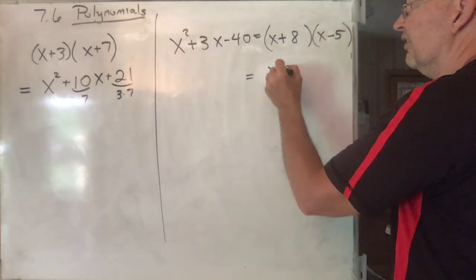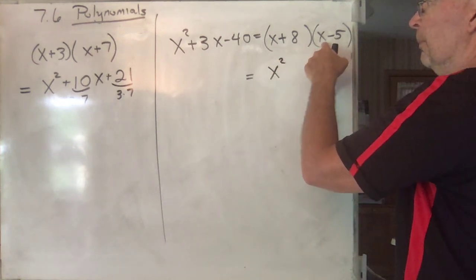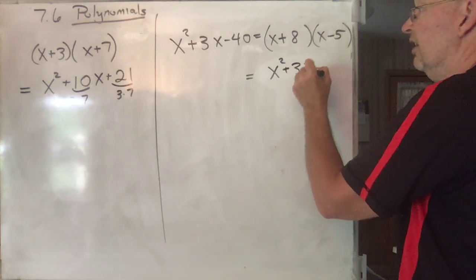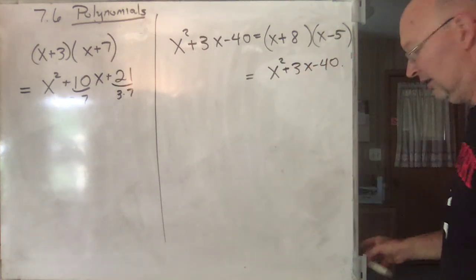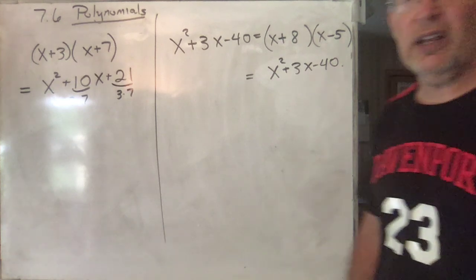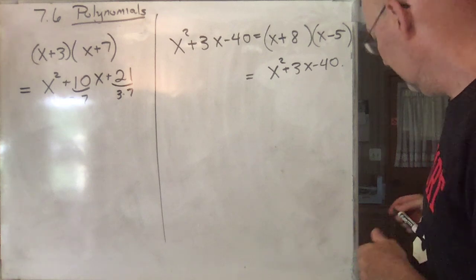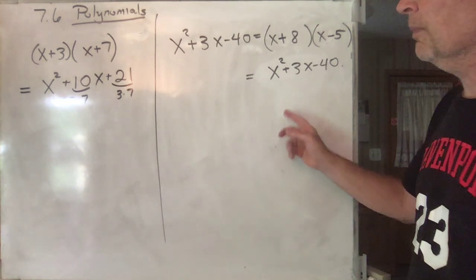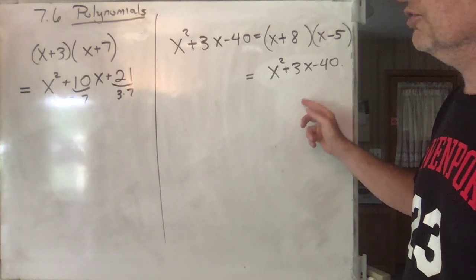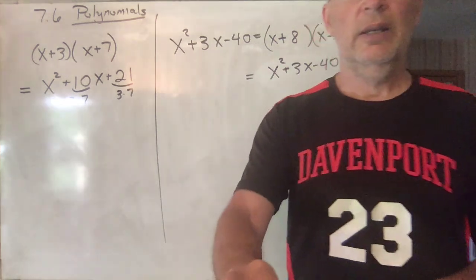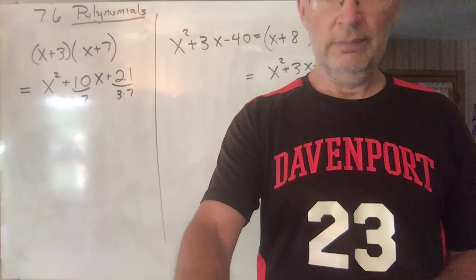Because then I would have had x squared, and I would have had a plus 8x minus 5x is going to be plus 3x, still -40. Okay? So that's the idea. That's factoring polynomials, and that's going to come in very handy in the next chapter on quadratics. Okay? You'll see why shortly. Very good.